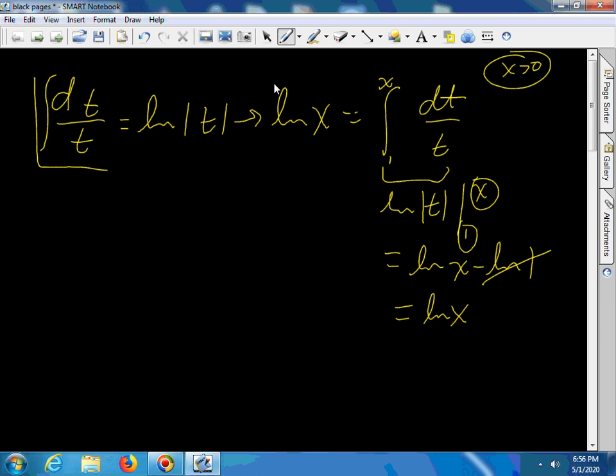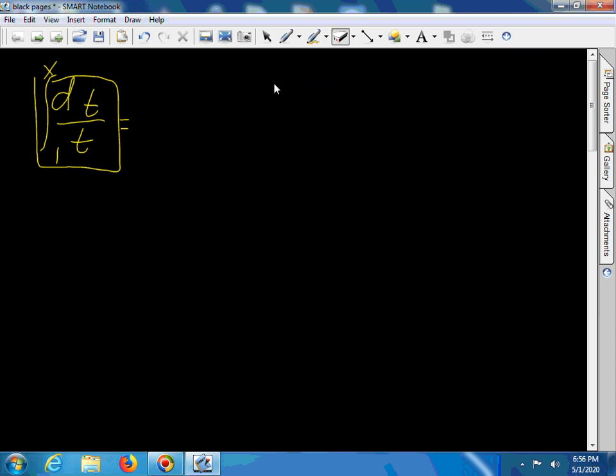So this integral from 1 to x is actually equal to ln of x. So that's basically a definition. This is ln of x.